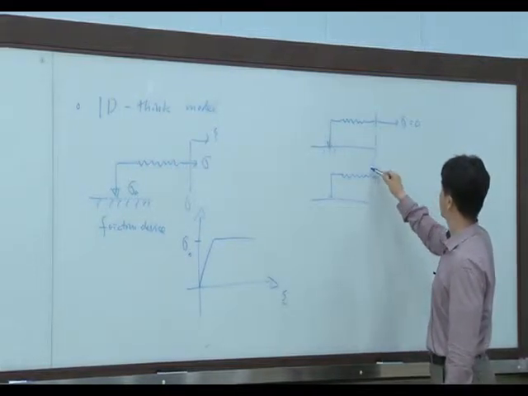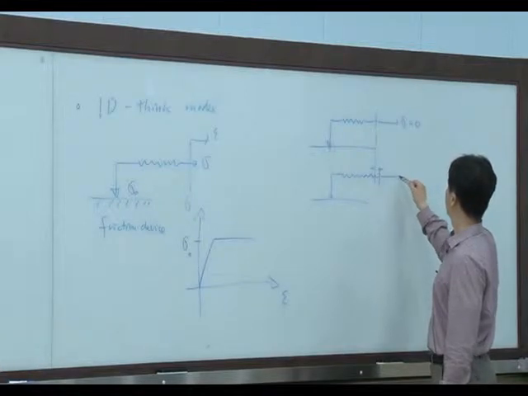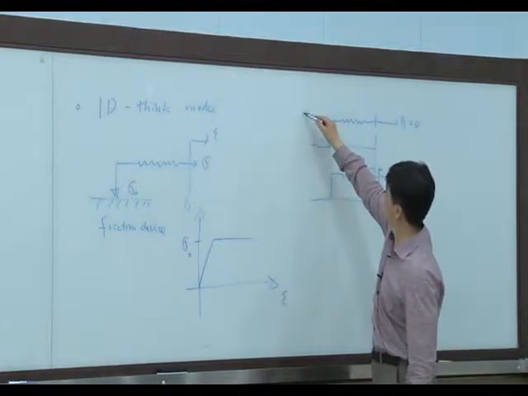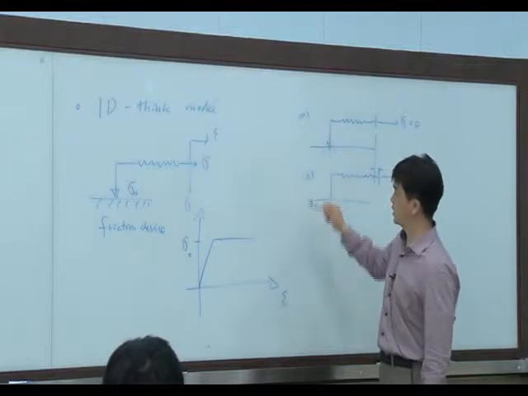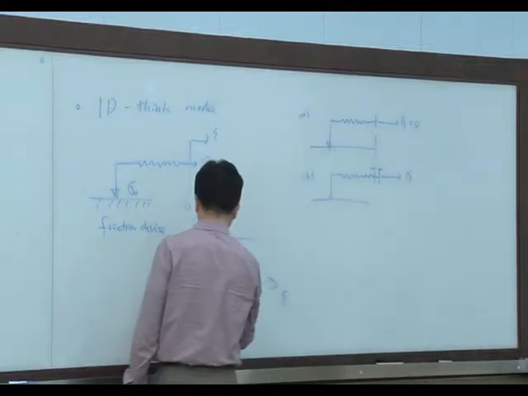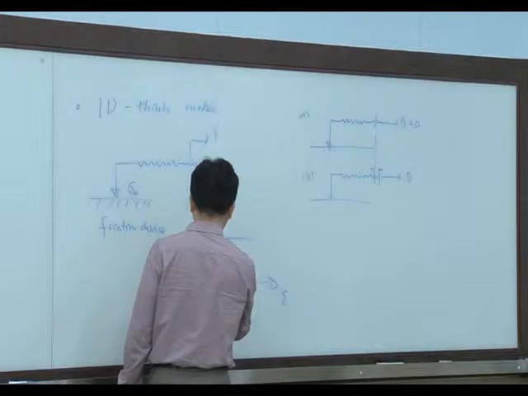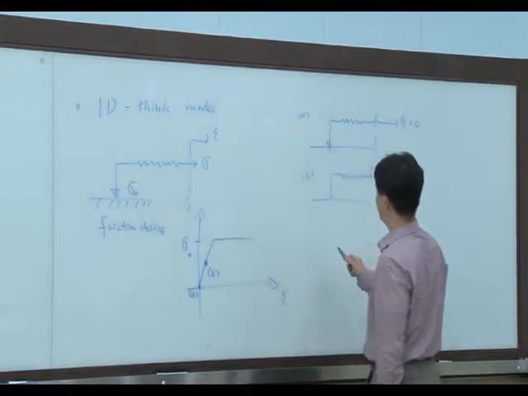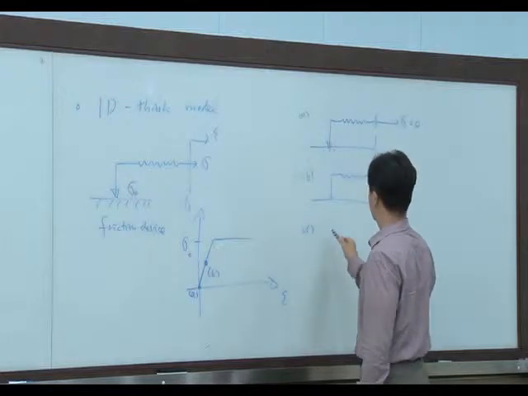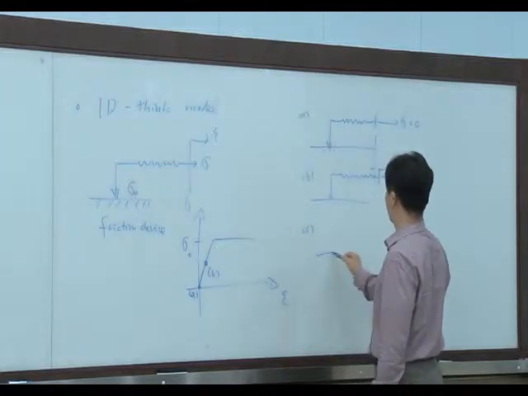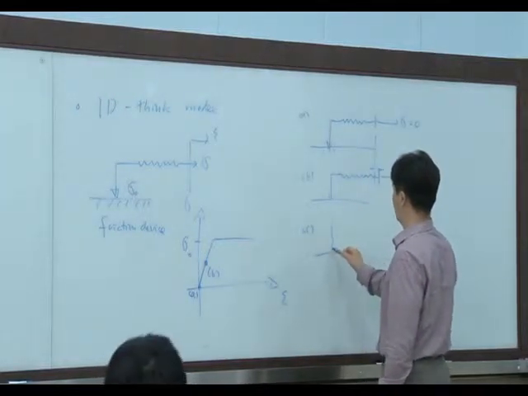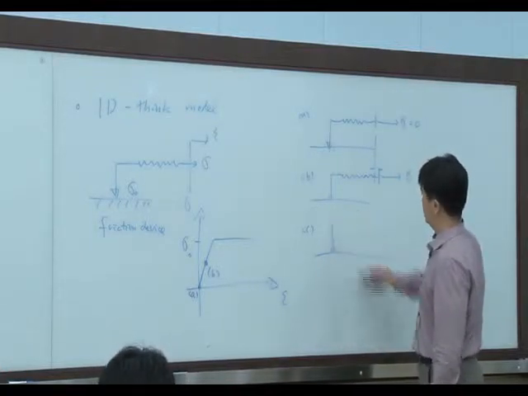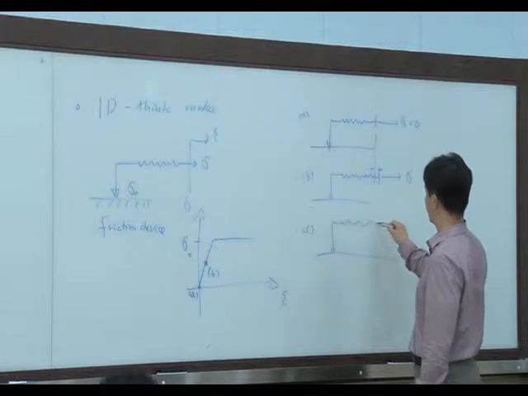So it's stretched, and this is A, B. Stage A is here, stage B is here, and stage C is much more stretched.